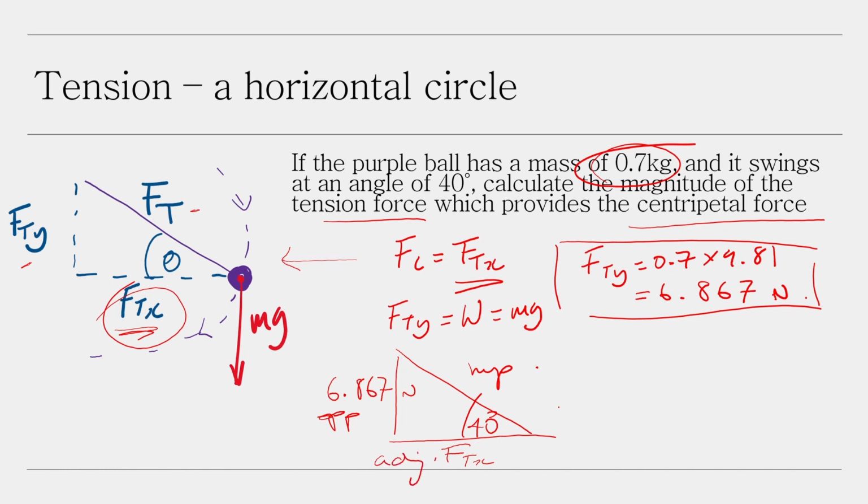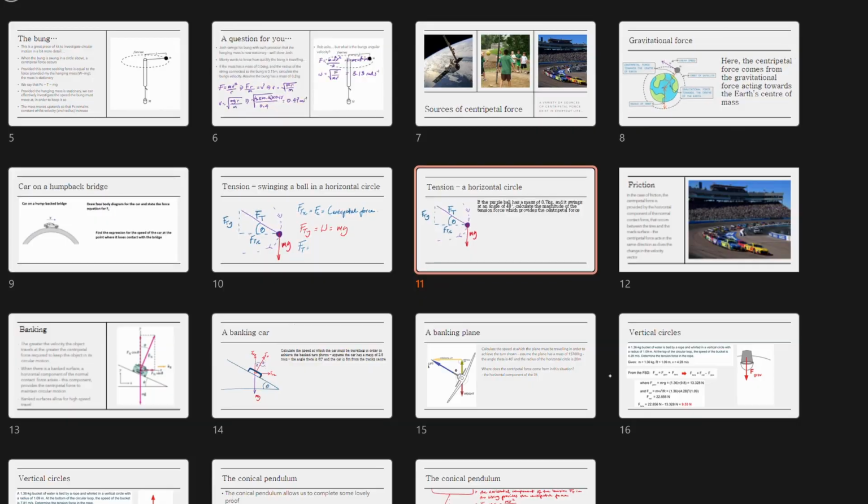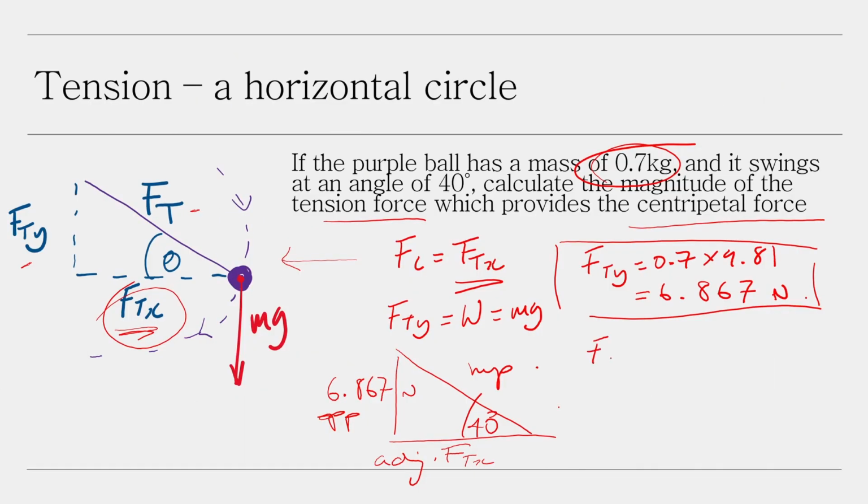If we want to find the adjacent and we have the opposite, we're going to be using tan, where FTX, our adjacent, is equal to our opposite divided by tan of the angle, tan 40.